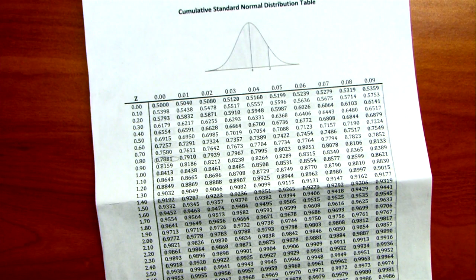But remember, that's area to the left. So how would I get area to the right? Always on greater than, I'm going to end up doing 1 minus. So 34.46.